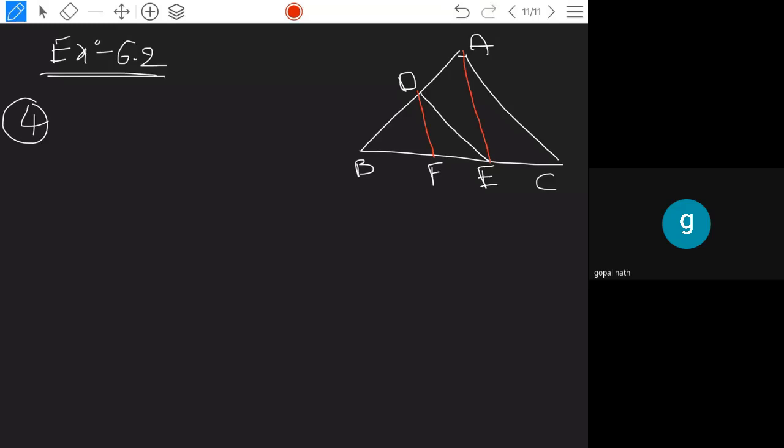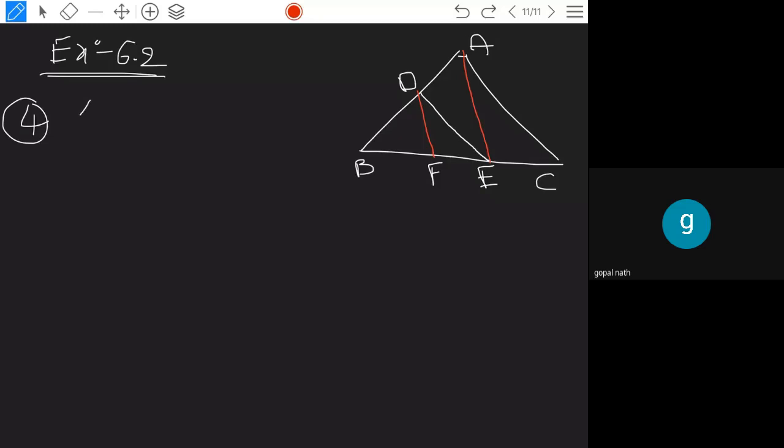So whenever the question is given, depending upon what it is asking, you need to see BF by FE. Whenever you take BF by FE, this is BF and this is FE. To apply the basic proportionality theorem, in that triangle you need to apply the theorem.